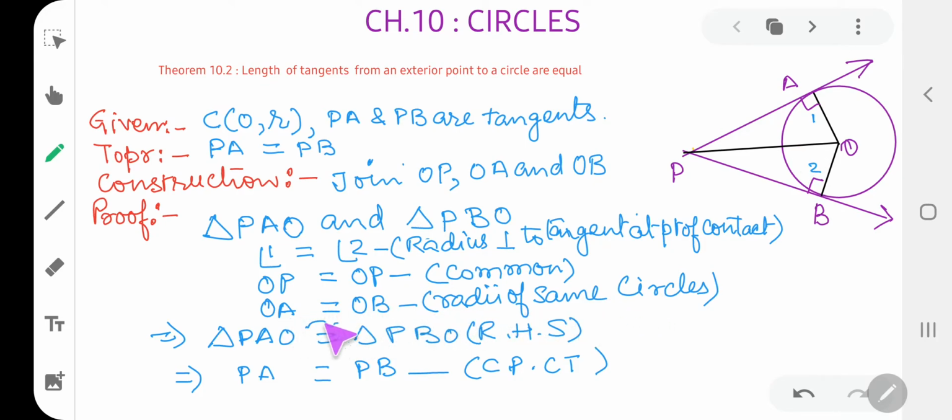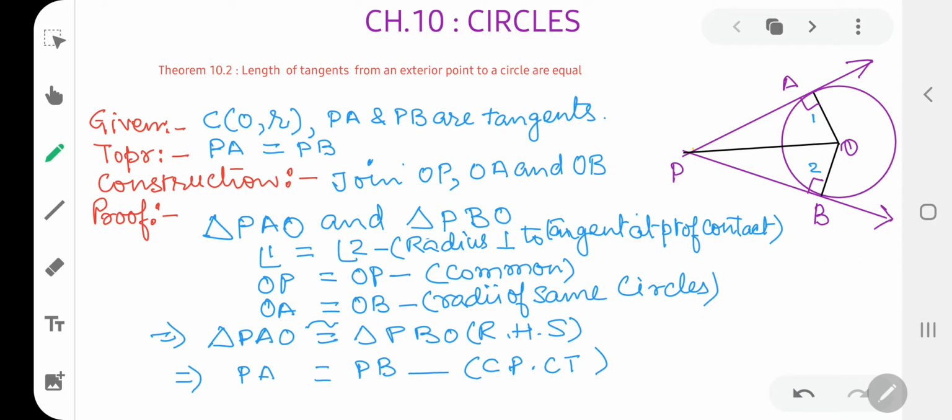Therefore these two triangles are congruent by RHS: right angle, hypotenuse, and one side. And if the triangles are congruent, we can say that PA is equal to PB by CPCT, corresponding parts of congruent triangles.